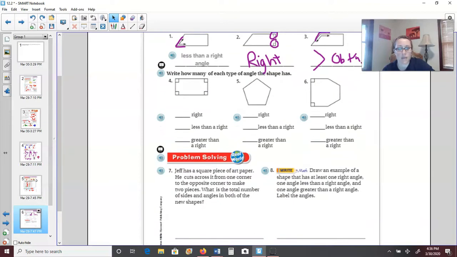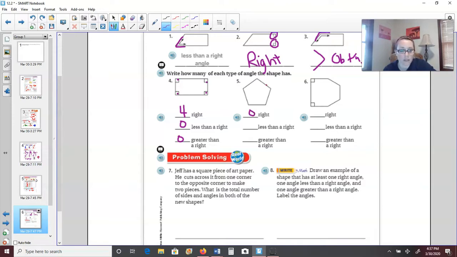Okay, number 4, 5, and 6. We need to tell how many of each kind of angle the shapes have. Number 4, I love it because all 4 angles have that perfect corner. Perfect, just right. So there are 4 right angles, 0 less, 0 greater. All right, let's look at number 5. This shape is interesting. It does not have those perfect corners, so 0 right angles right off the bat, we can say that.